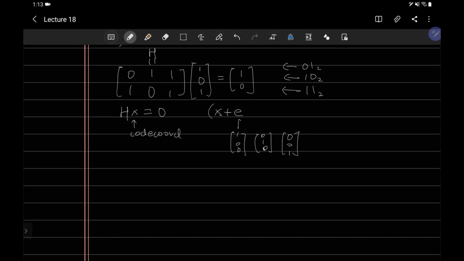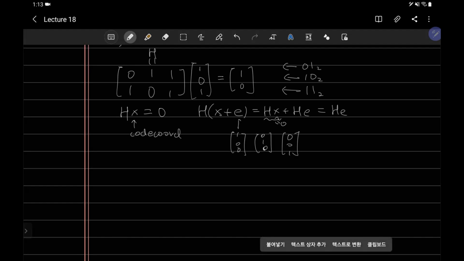And then what happens if I multiply this parity check matrix? In this case, because it is a linear multiplication, the multiplication will be separated into two terms. But because we are assuming X is the correct code word, this term will become 0, and we will just be left with this result. And as I showed you, the multiplication of the parity check matrix will identify which bit is in error.